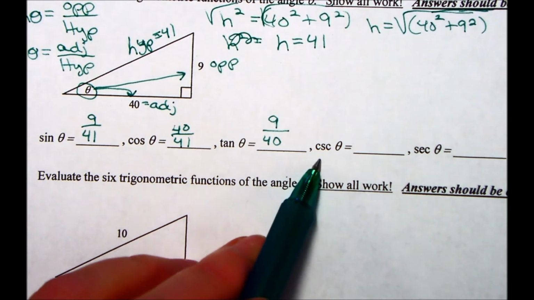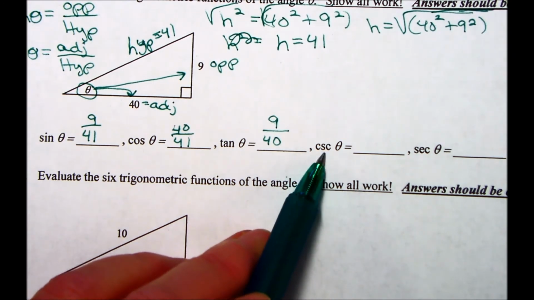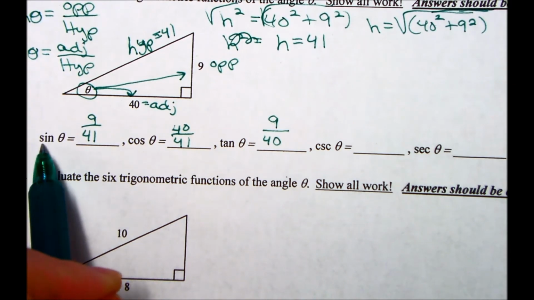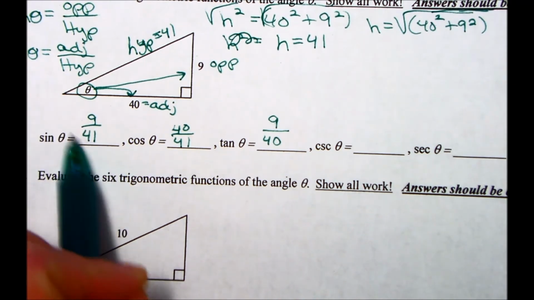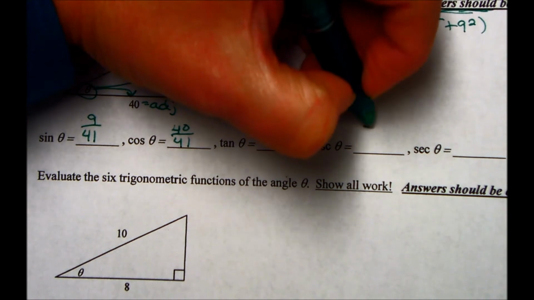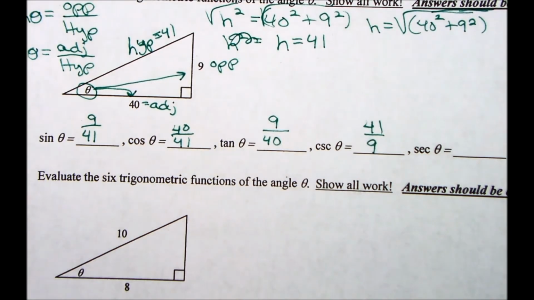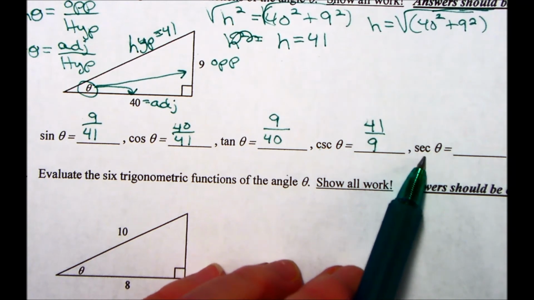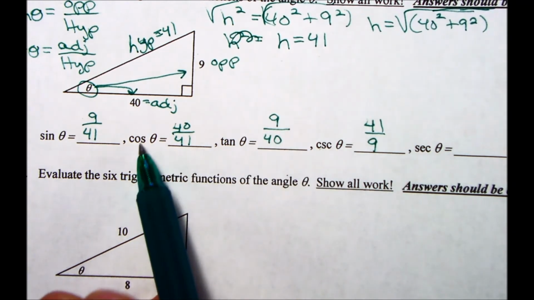Your cosecant, since it starts with a C, the reciprocal of it is the one that starts with an S. So 9 over 41, if we flip it, will become 41 over 9. So make sure you look at these abbreviations. The secant is the reciprocal of cosine.